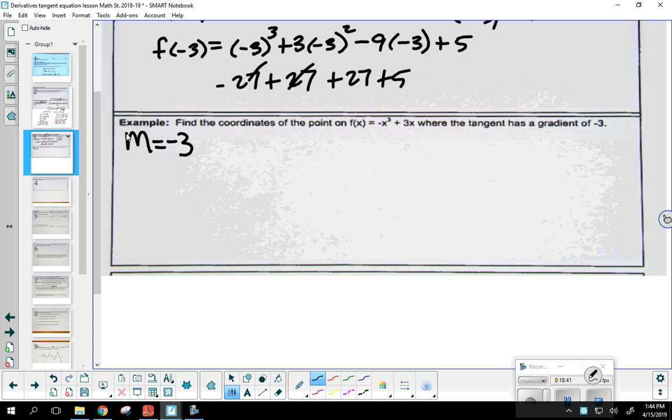Okay, so f prime, we'll go ahead and find the derivative. So -3x squared plus 3, perfect. And then we'll set it equal to -3.